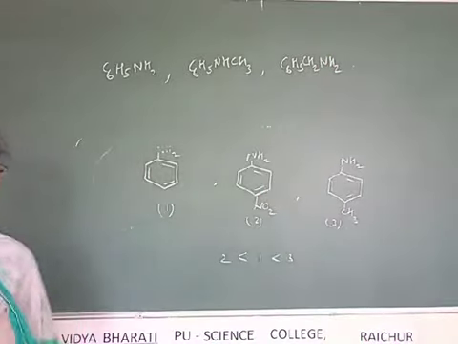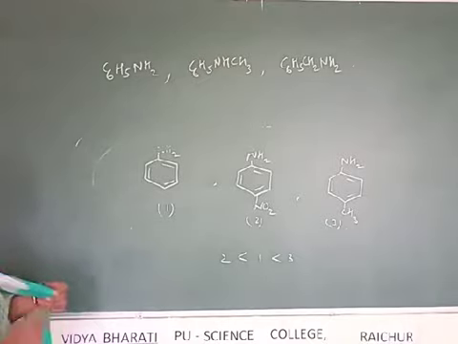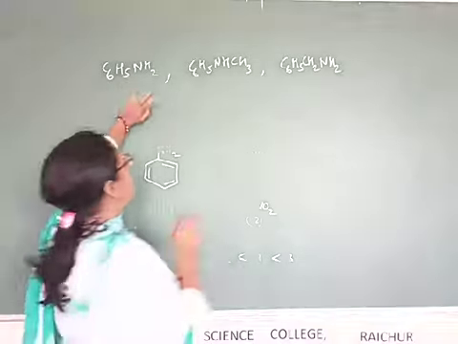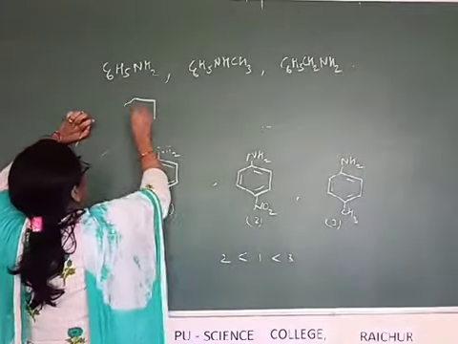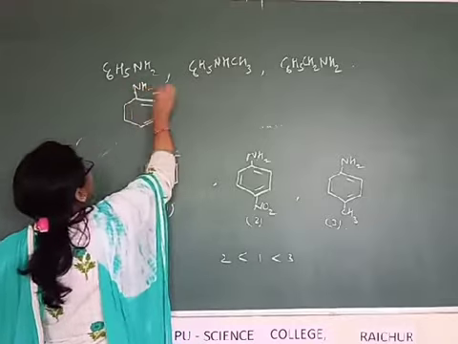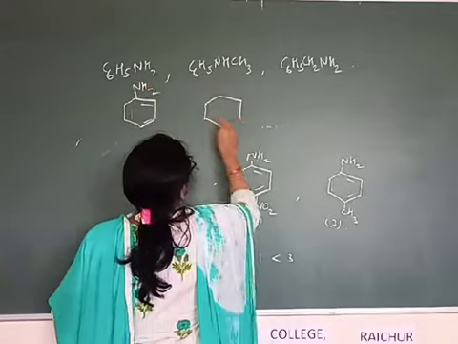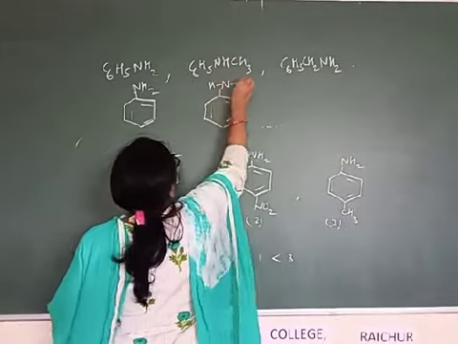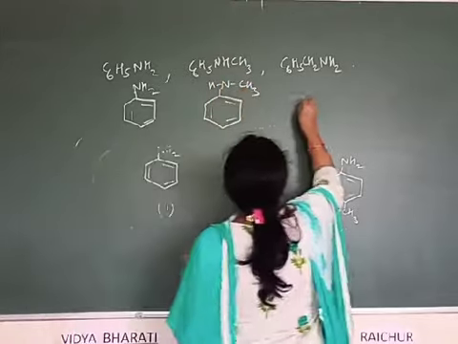Again you have to arrange them in increasing order of basic strength. Shall I draw the structure? Then it will be more clear. This is aniline. This is N-methylaniline. And this is benzylamine.